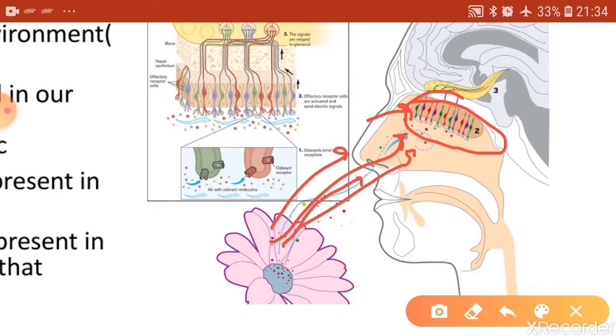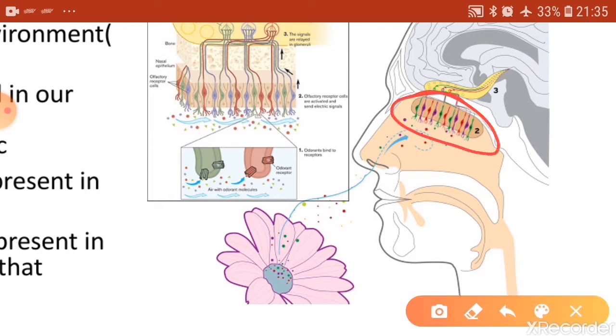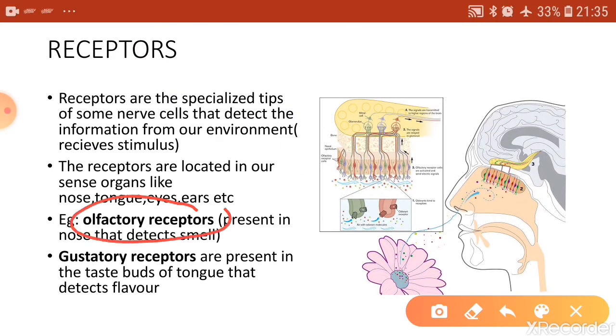Those receptors detect the same, convert this information into an electric impulse, and then this information in the form of electric impulse or electric current is conveyed to your brain, and the brain then analyzes the message, and then you get the fragrance of it. So before you analyze what it is, the information is first picked up by the receptors, and the receptors that are present in your nose are the olfactory receptors.